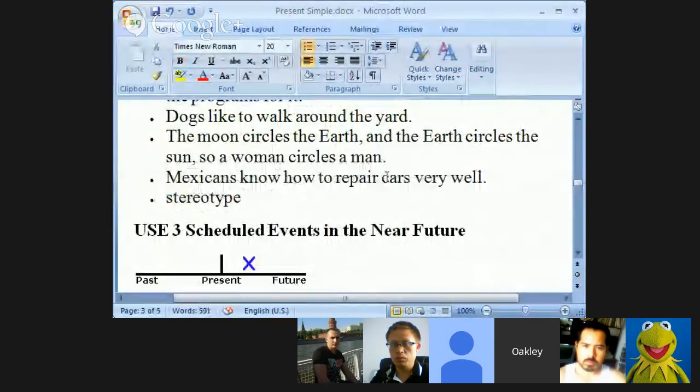Like all Mexicans know how to repair cars. All Chinese people are good at math. There you go. You got the idea. All Americans love cheeseburgers. Okay.